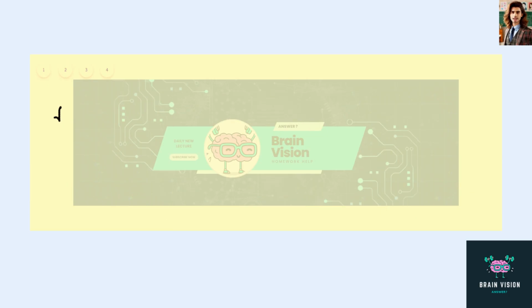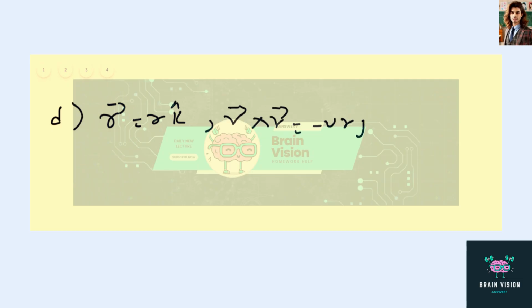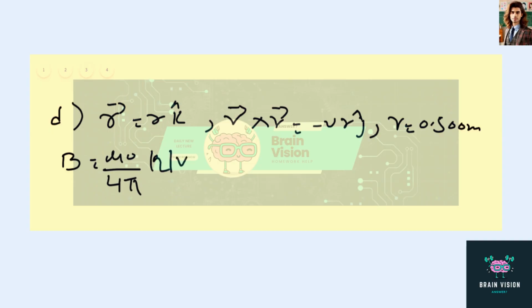Part D of the problem. Here again using the r vector, which is r k cap, we can write v cross r as simply -v r j, and r is equal to 0.500 meter. We substitute the values, so μ0 divided by 4π, q magnitude times v, divided by r squared.